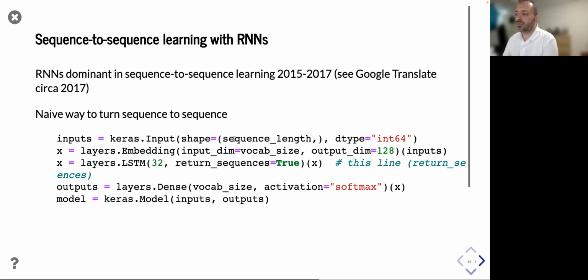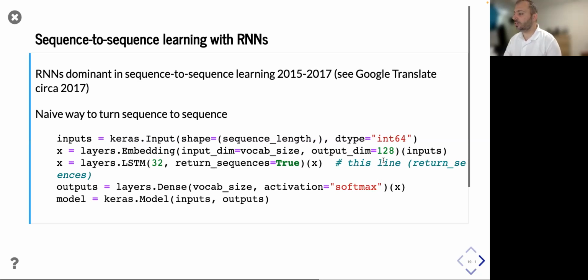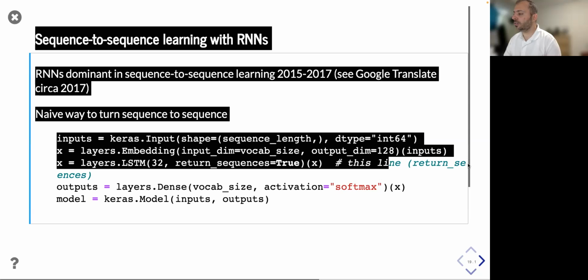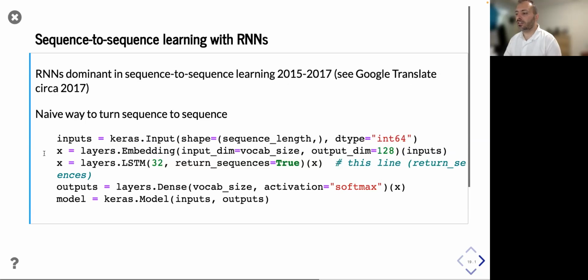We have the inputs to be whatever is the sequence length, and we have the embedding layer, which takes these inputs and the vocabulary size, and we define what is the output of the embedding. So nothing strange here. And we have the LSTM. So we just have the output of the LSTM, and then we pass this.